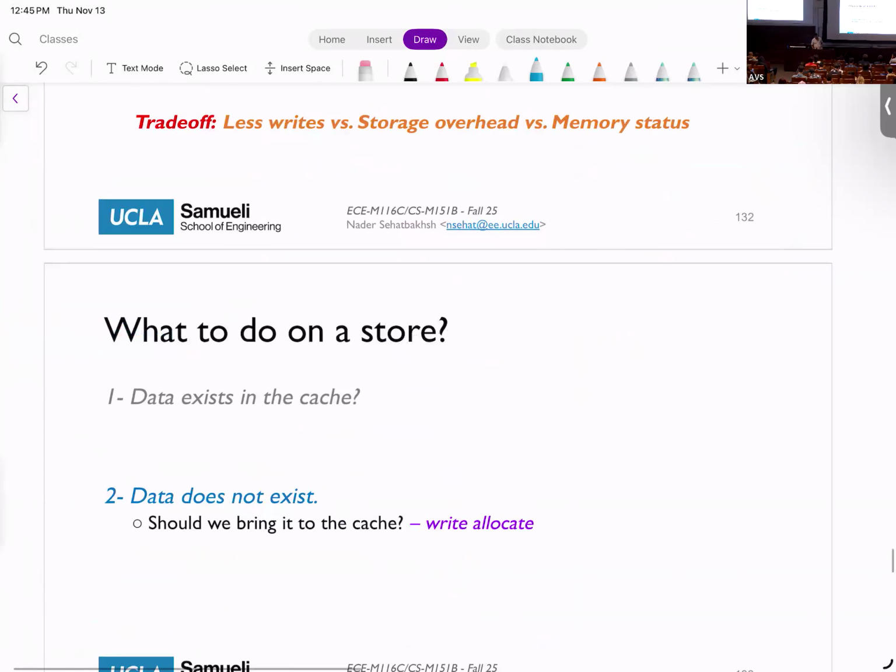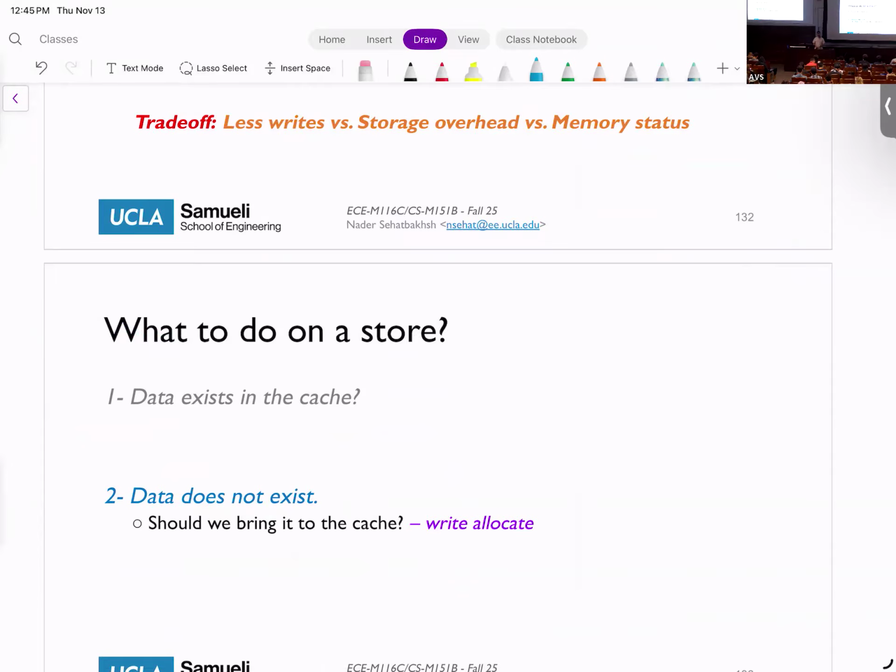All right. Second option is that if the data does not exist in the cache, okay? Now the question is, should I bring it to the cache or should I just update the memory and move forward, right? There are two ways that you can do this.